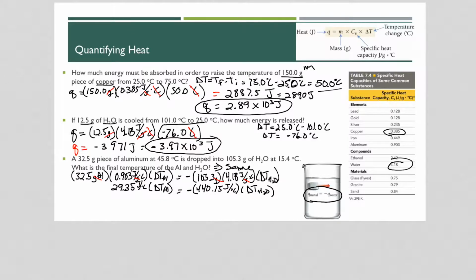Okay. So I'm going to solve this for the delta T of aluminum.